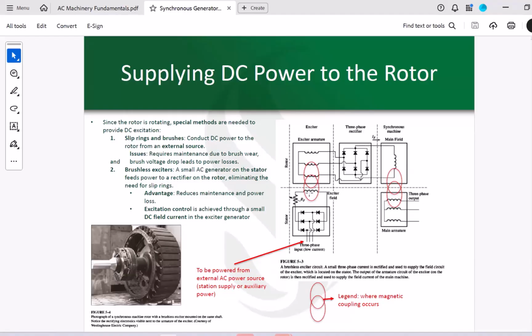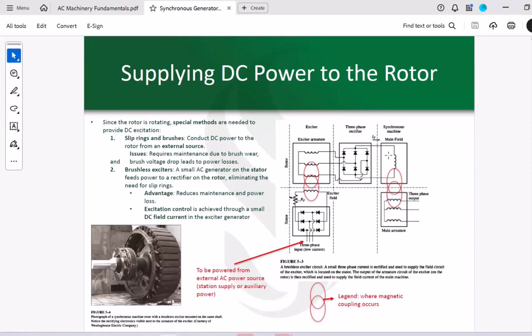And because of that, wherever I'm showing these two circles that are interconnecting with one another, we're showing some induction. Here, induction happens. So because of this induction, you will be producing some AC voltage and current in here. That AC voltage and current would be rectified to give you a direct current, which is on the rotor. That direct current is on the rotor, and that's what we want, right?